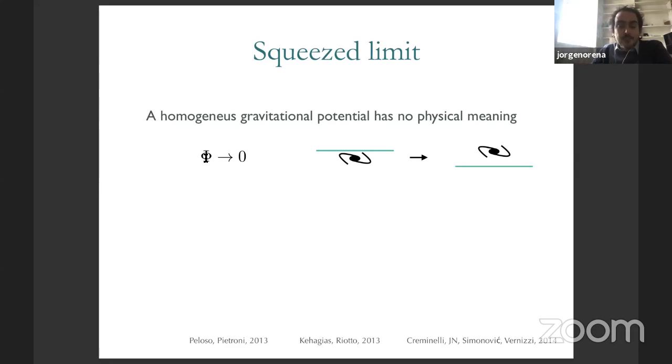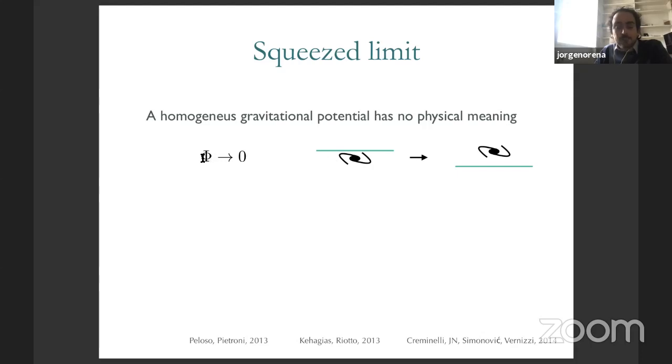And the reason is because the metric fluctuations are basically the gravitational potential. And we have this Newtonian intuition that the value of the gravitational potential has no physical meaning. If I give you some value of the gravitational potential, you can change this value however you want. You can raise or lower the value, and it should have no effect on your short scale physics.